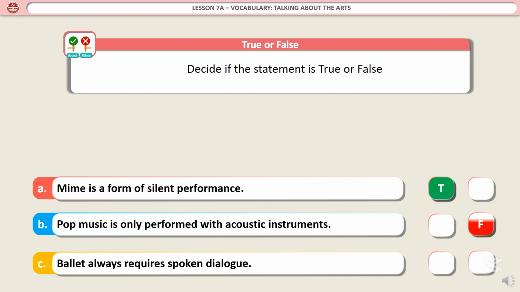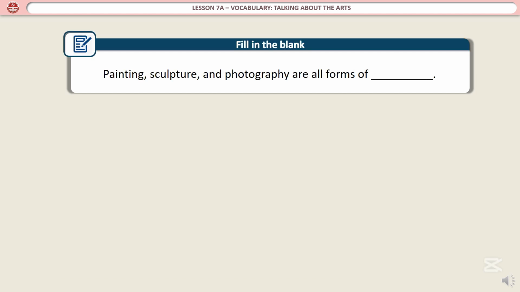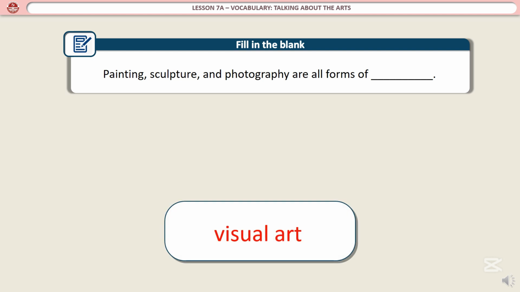The answer is false. Statement C. Ballet always requires spoken dialogue. The answer is false. Complete the sentence. Painting, sculpture, and photography are all forms of. The answer is visual art.